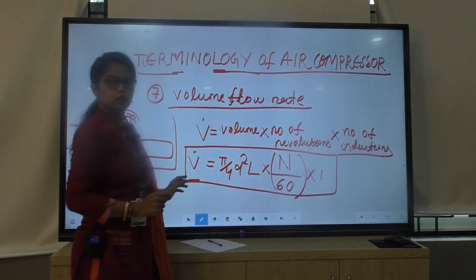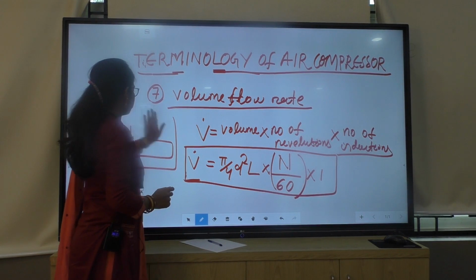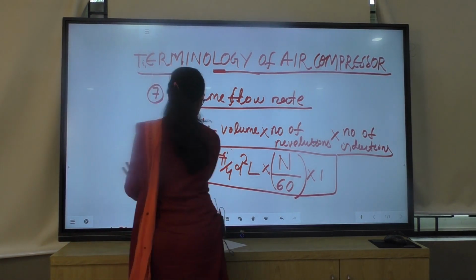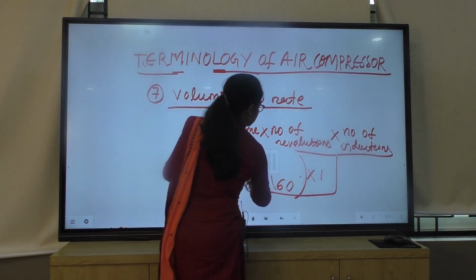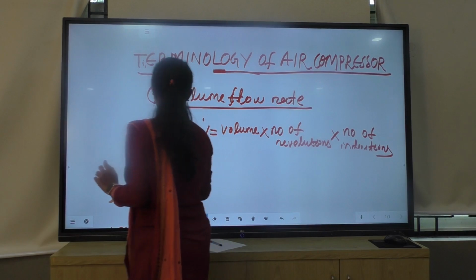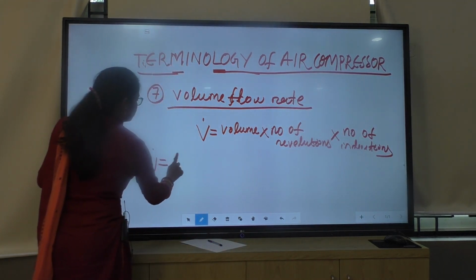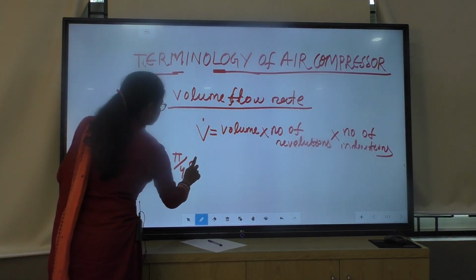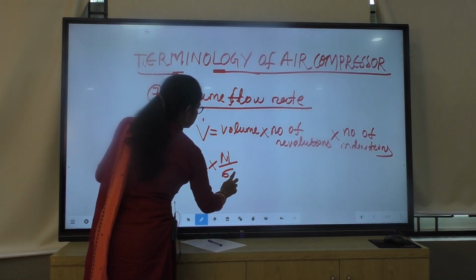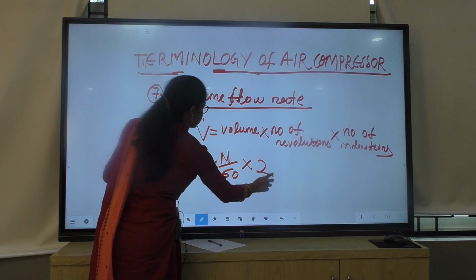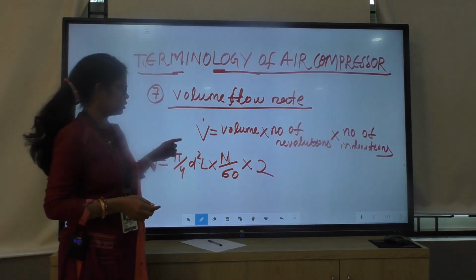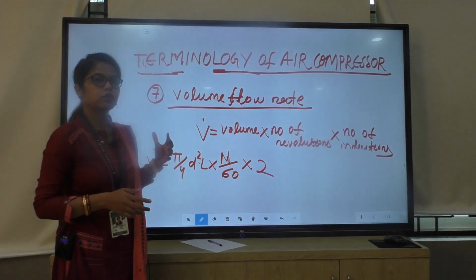Clear? So, for double acting, what will happen? You have to just multiply it by 2. For double acting, V dot will be pi by 4 d square L into n by 60 into 2, because I told you in double acting the inductions will happen in one revolution 2 times.